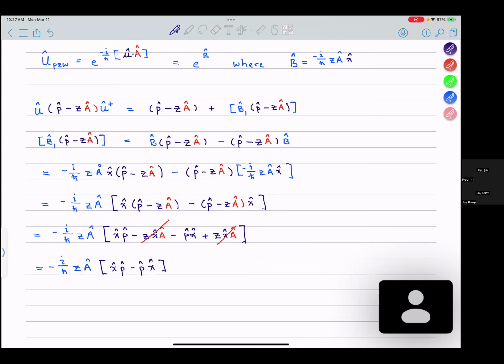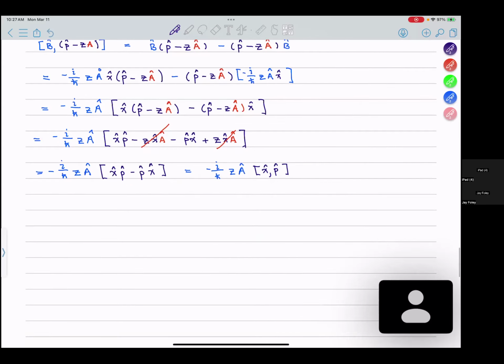And this is also the same thing as minus i over h bar z a hat multiplied by the commutator of x hat and p hat. If you don't remember, the commutator of x hat and p hat is equal to i h bar.